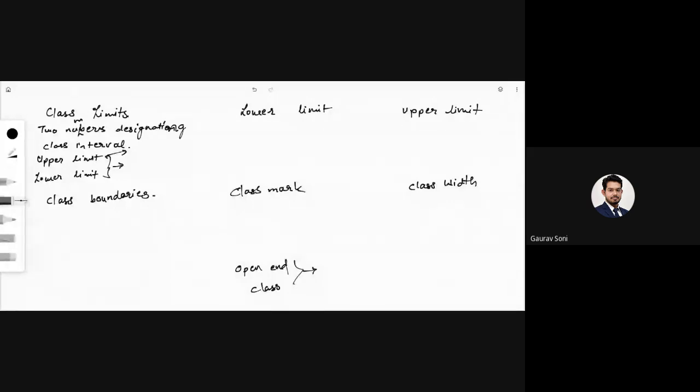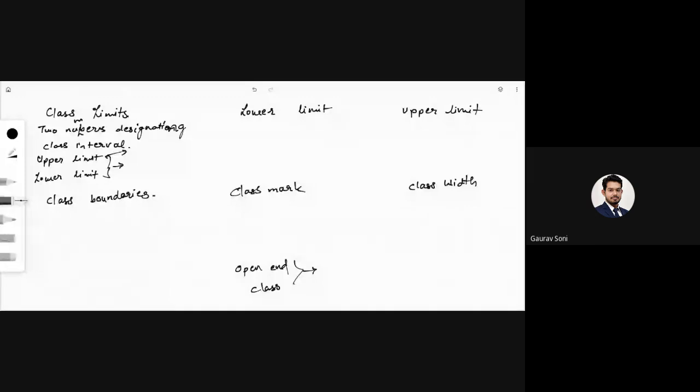So whatever highest possible observation you can include in the class is the upper limit. Whatever lowest possible observation that you can include is the lower limit.